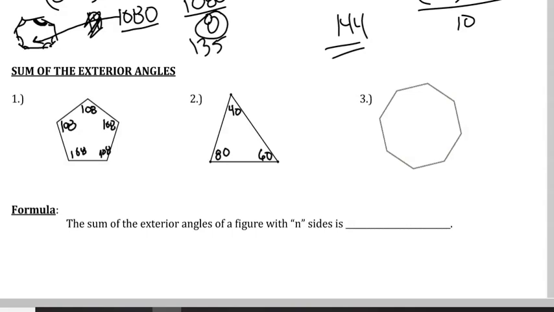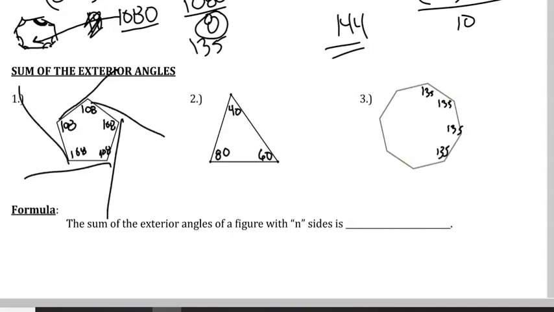And these are going to be 135 each, and so on. So what we're going to do is figure out what the sum of the exterior angles is. So let's figure out what each one of the exterior angles is.